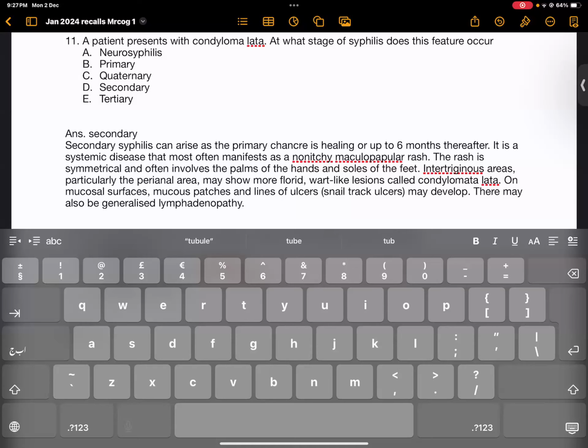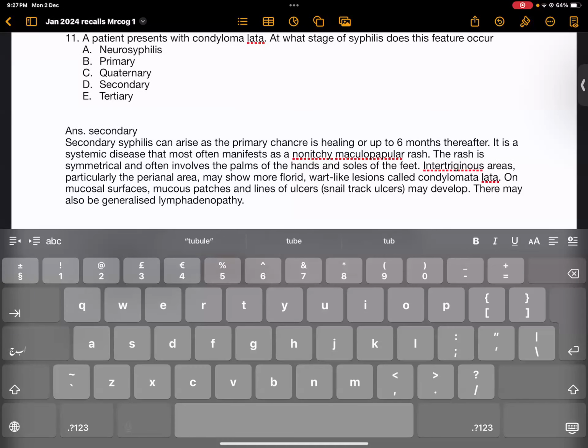And also there would be generalized lymphadenopathy. So in secondary syphilis, three things would be there. It is actually a systemic disease. First the maculopapular rash, then condylomata lata, and then generalized lymphadenopathy. So these three features would be your secondary syphilis.